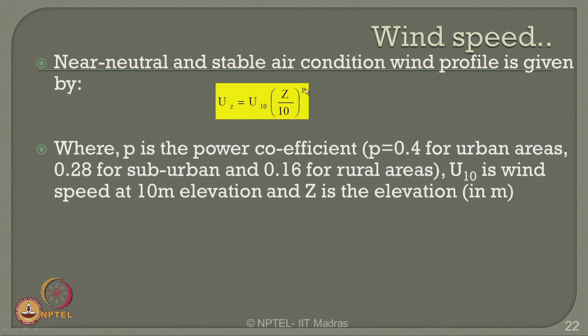Depending upon the location or geographic selection of the area, p is considered as 0.4 for urban areas, 0.28 for suburban and 0.16 for rural areas. As I told you in the beginning, interference of buildings and trees present in the area will affect the wind speed velocity. Therefore, the p value takes care of those interferences caused on the wind flow direction as well as velocity in the given equation.